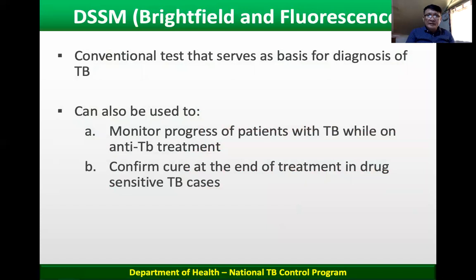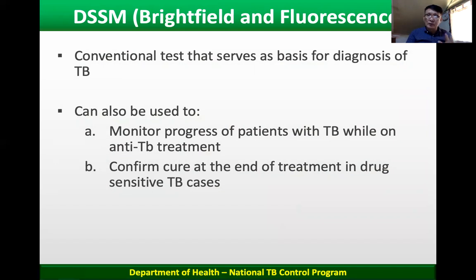Now let's go to the DSSM. We know that we have two methods for direct sputum smear microscopy: the bright field and the fluorescence. The bright field uses the Ziehl-Neelsen method.